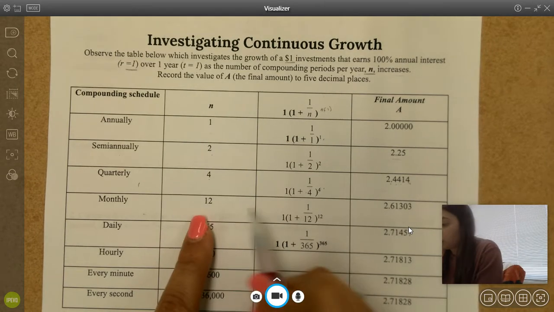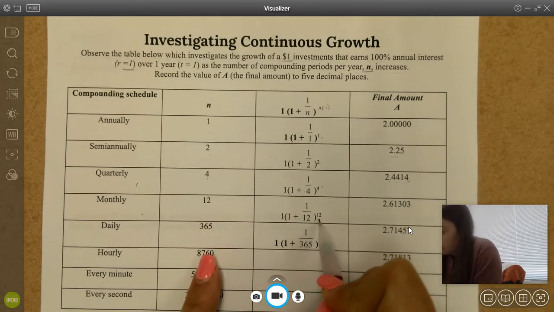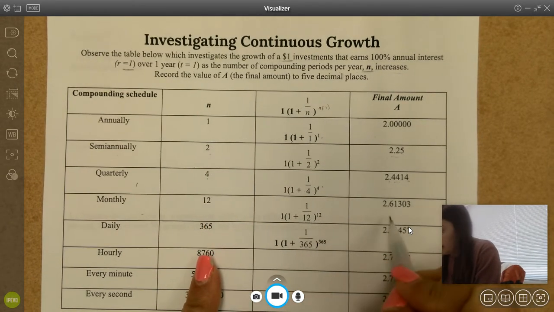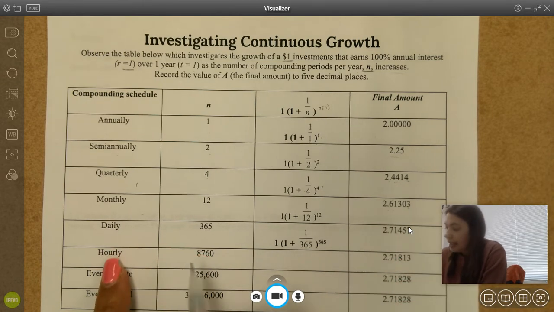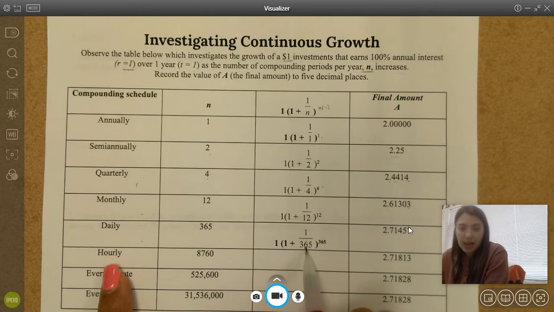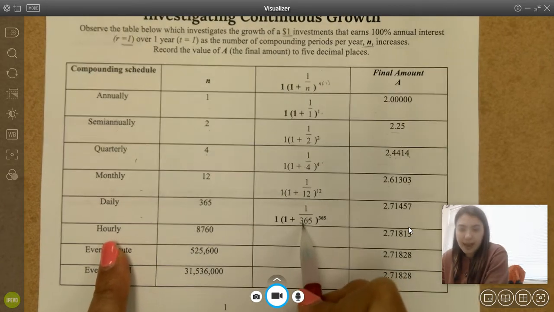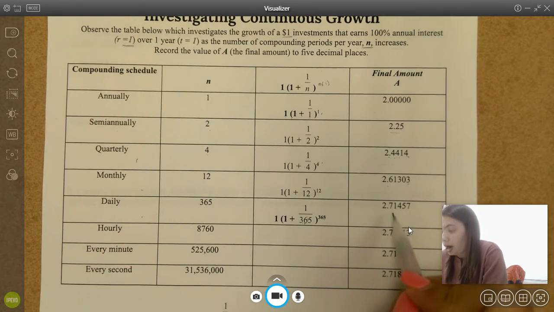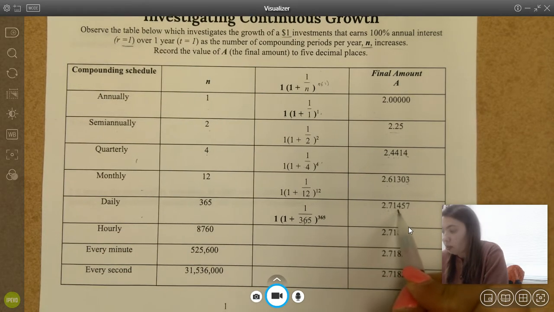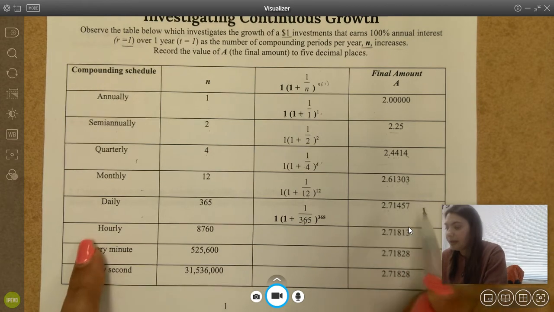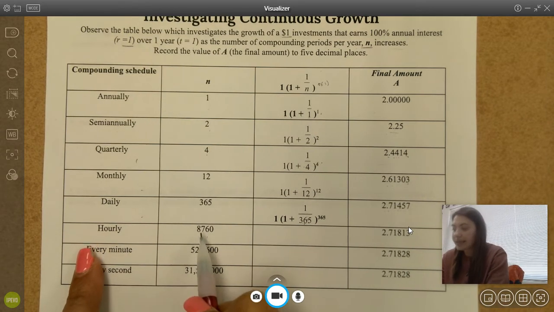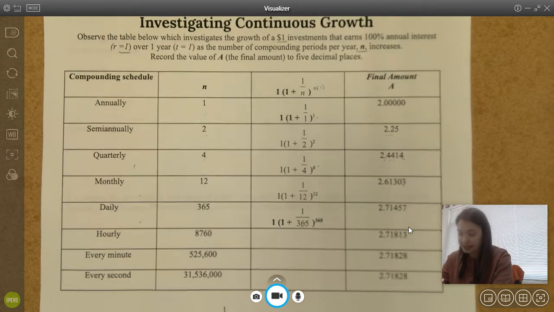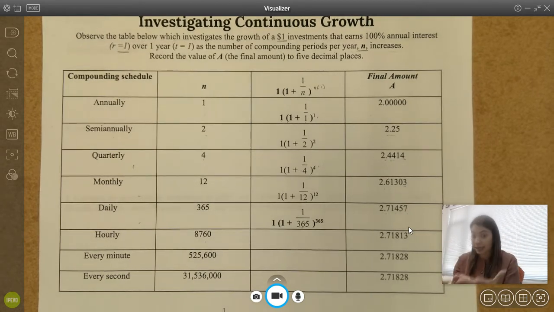And then if something happens monthly, that's once a month, so our n value is 12. Raise that to the 12th power, it becomes 2.61303. Daily, our n value is 365. Raised to the 365th power, our final amount becomes 2.71457. Hourly, there are 8,760 hours in a year.